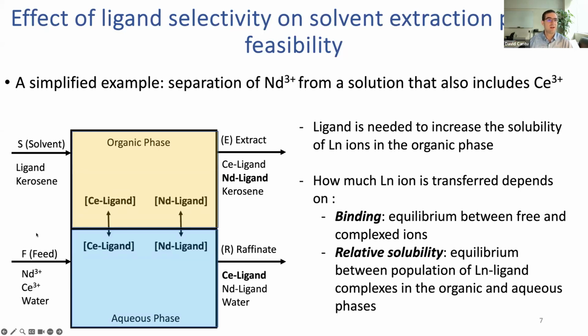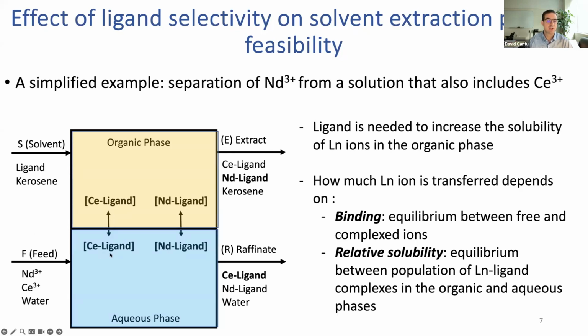So I'm going to make a simplified example just to illustrate the effect of ligand selectivity on the lanthanides. So you have this ideal feed that only has 2 elements in water, and then you have an organic solvent, and with the solvent you have a ligand or an extractant, and that ligand is going to bind the lanthanide and then bring it to the organic phase.